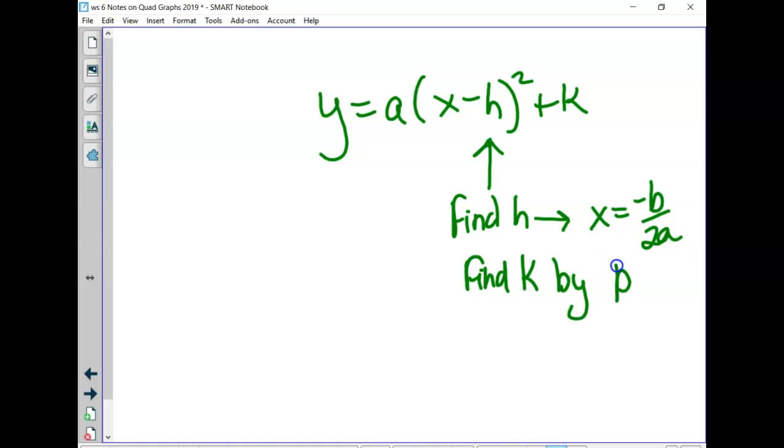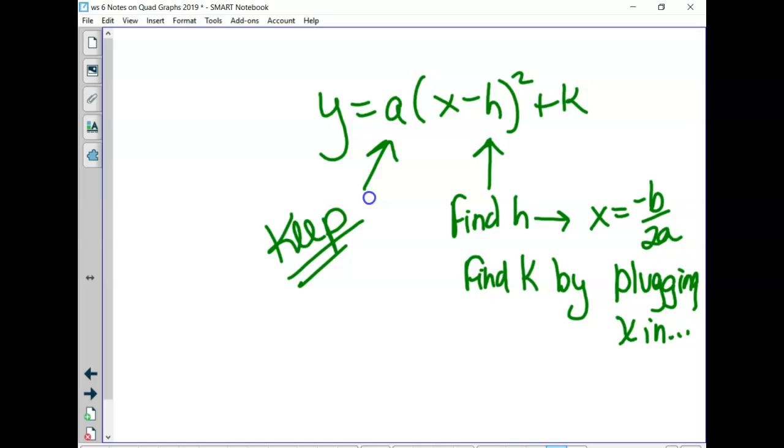By plugging x in. And then where did I get this guy? Yeah, keep a from the original equation. If you want to not have to complete the square, this is what you need to figure out.